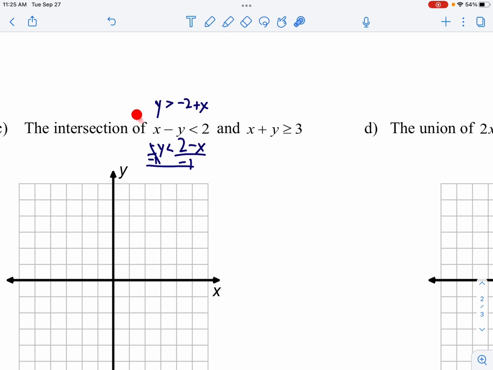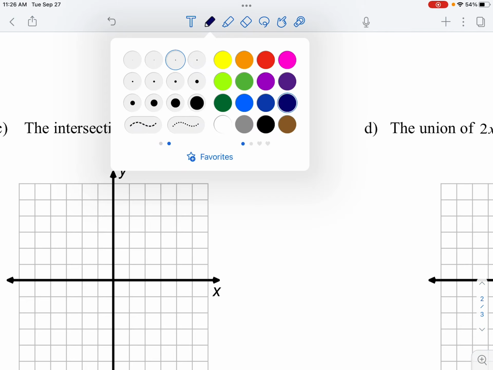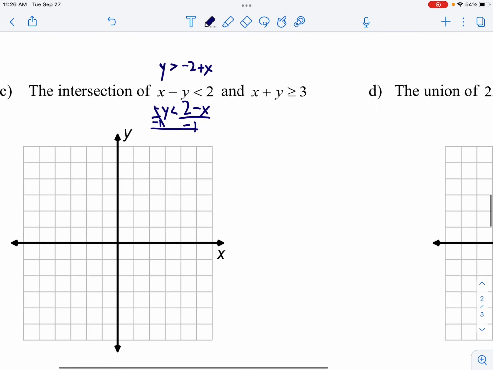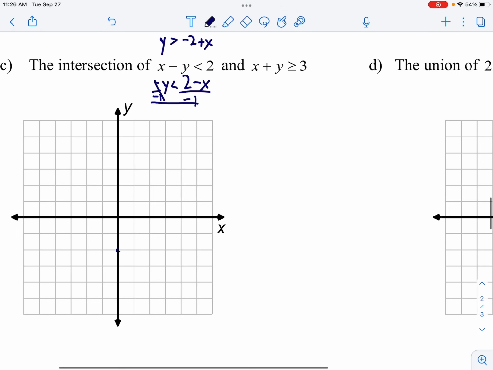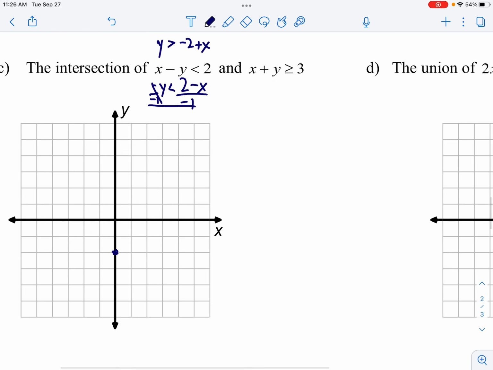Okay, so let's go ahead and graph this right here. We'll graph it in blue. Since it's y is greater than and not greater than or equal, it's just a greater than, we have to use a dashed line. So let's switch over to that. I'm going to graph my y-intercept, which is 0, negative 2. And then my slope is positive 1, so up 1, over 1.